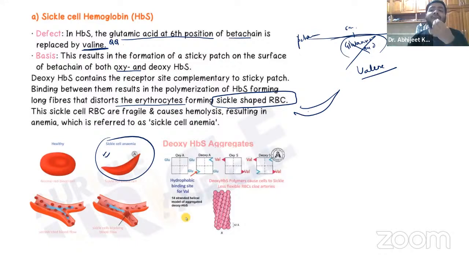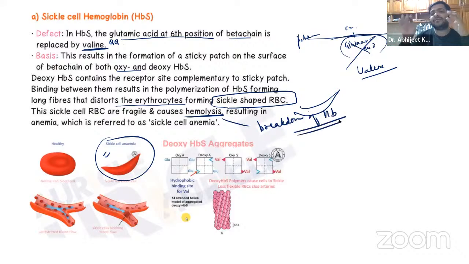Now, if the RBC breaks, what will happen? The hemoglobin, which is also altered, will come out, and that is called hemolysis, the breakdown of the hemoglobin. Obviously, RBCs contain the hemoglobin.